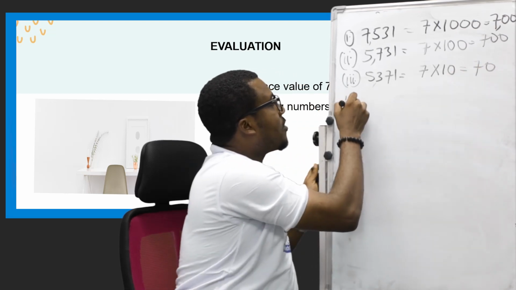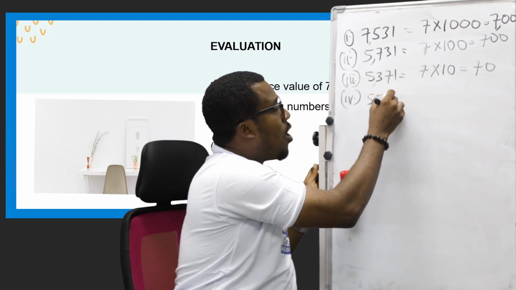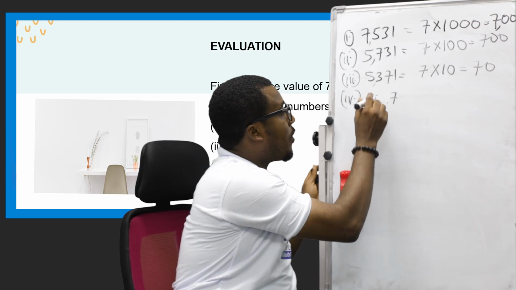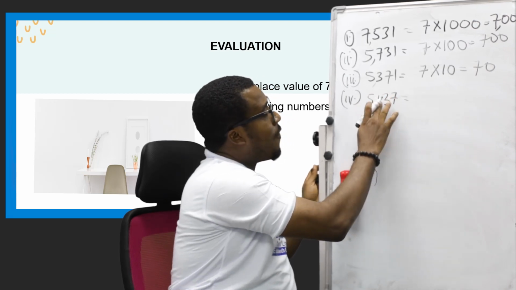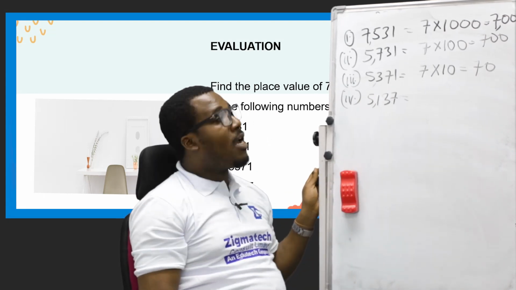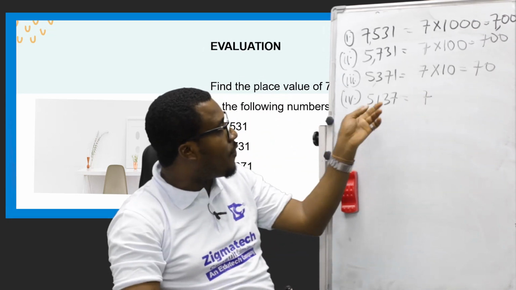Then finally, 5137. Pardon me. 5137. 1, 2, 3, I put my indication. I noticed that the 7 doesn't fall under the 1,000. It doesn't fall under the 100.